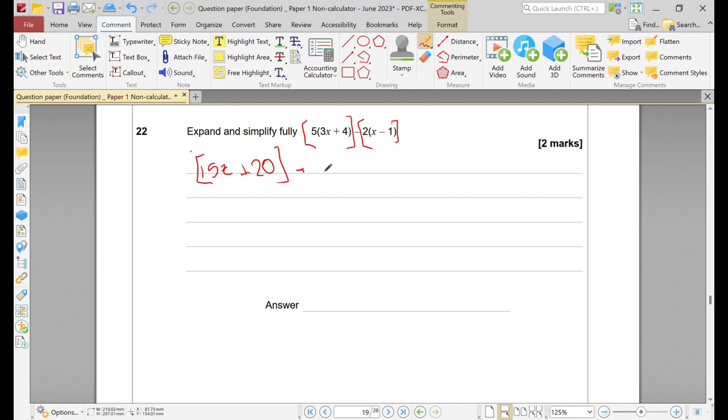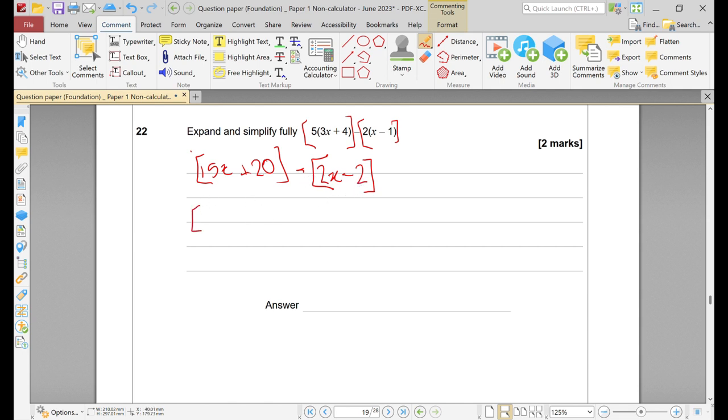Minus, what's 2x? 2x, 2 times minus 1, that's minus 2. Because we're minusing everything in these brackets, that's going to become minus 2, and that's going to become plus 2 because we're minusing a minus.